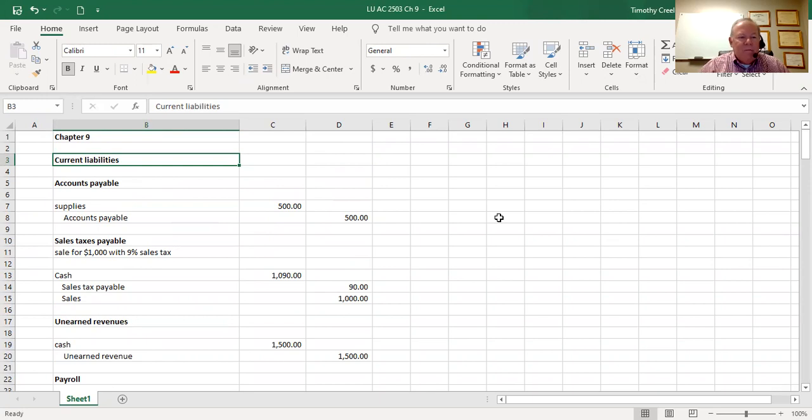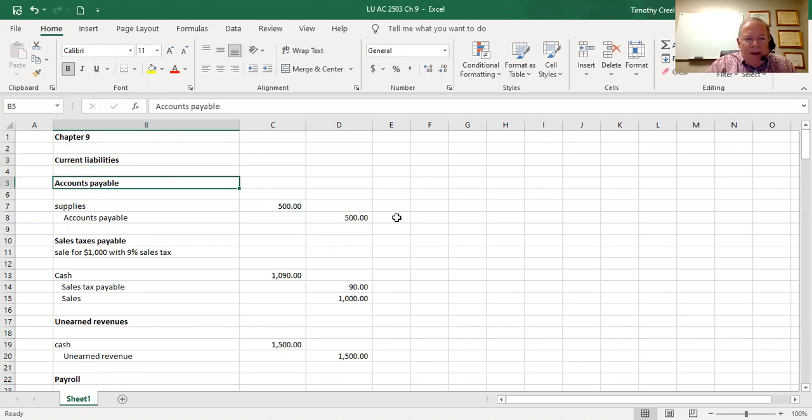Accounts payable is the main one, but there's also interest payable, sales tax payable, which we'll look at in a moment, unearned revenues, and some of your entries related to payroll, such as salaries payable. So a lot of different accounts are current liabilities.